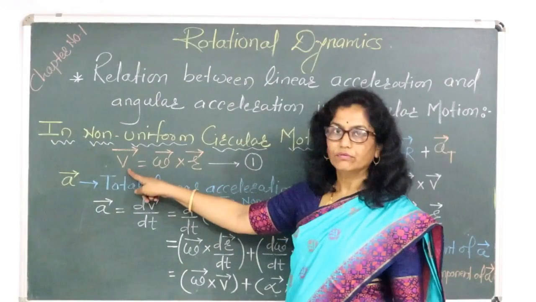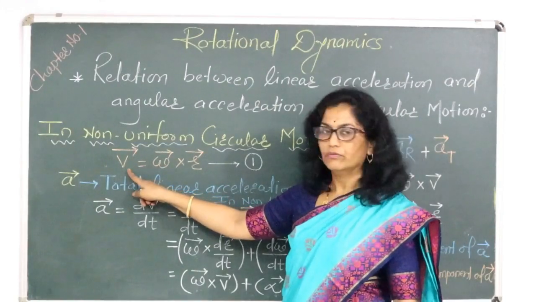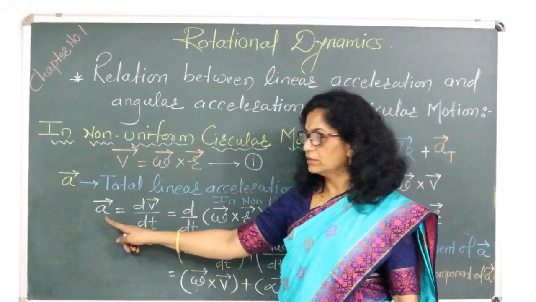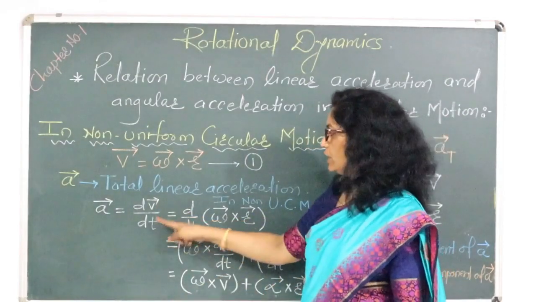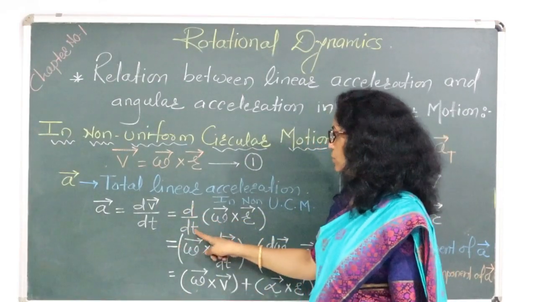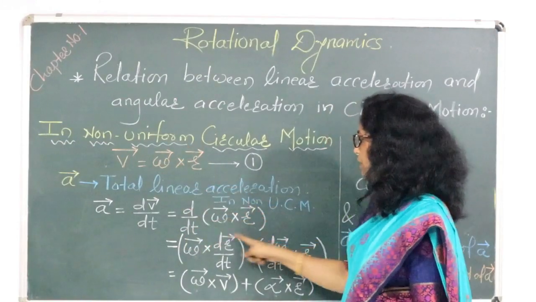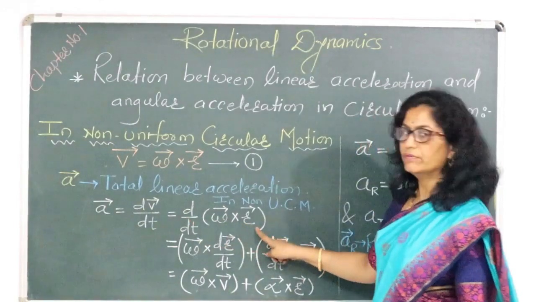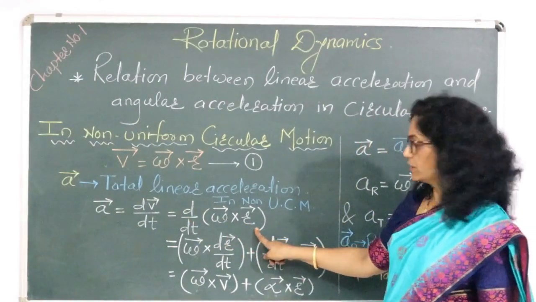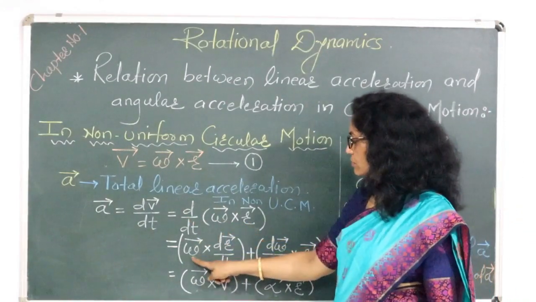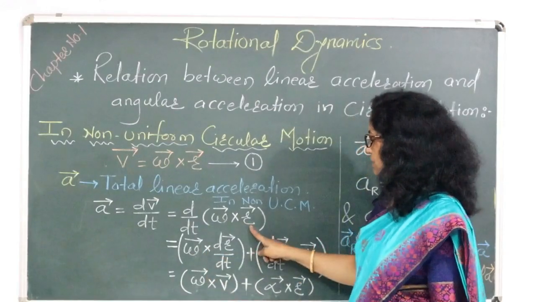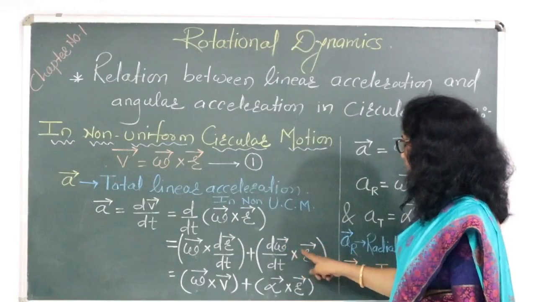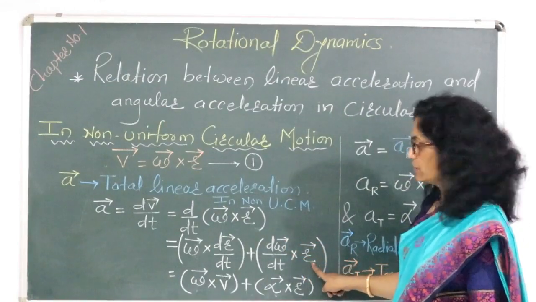Take the derivative of this v with respect to t, we will get acceleration, that is a equals dv upon dt, that is d by dt of omega vector cross r vector. If we solve the derivative of this vector product, the first term remains as it is, take the derivative of the second, plus take the derivative of the first term and the second term remains as it is.